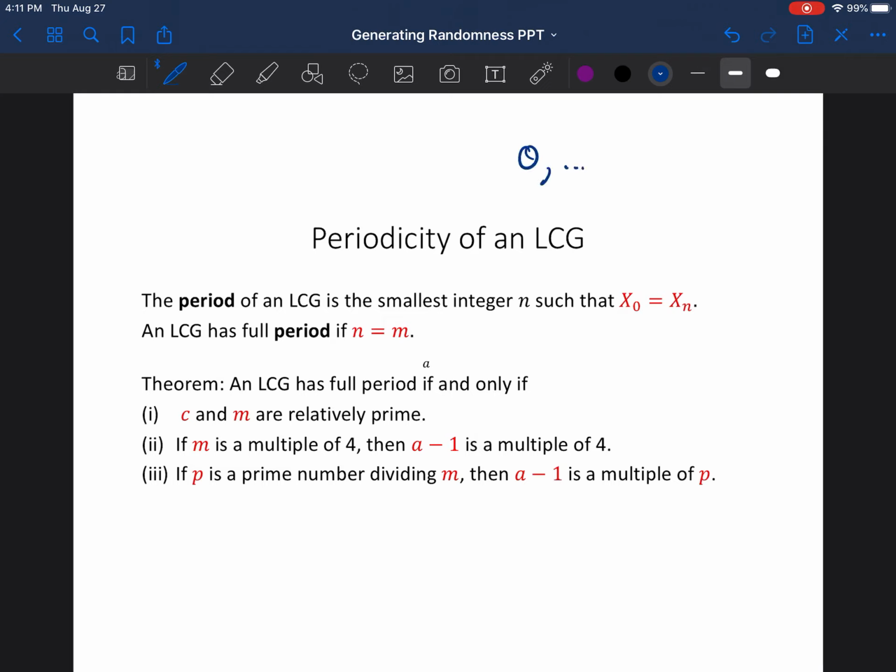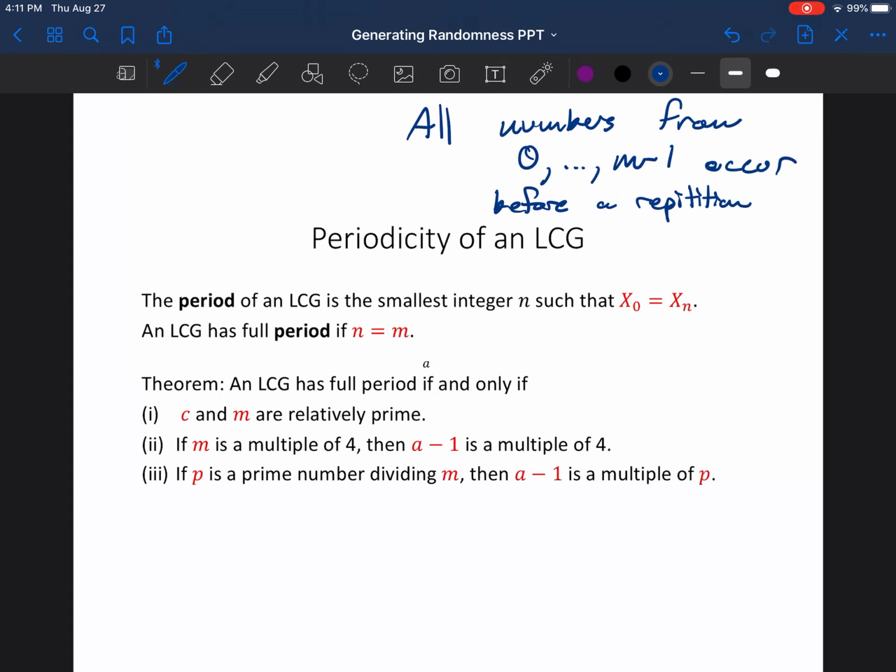Because it has to assume all the values from 0 up to m minus 1 before there's a repetition. This would be the ideal case. This is the best possible case.